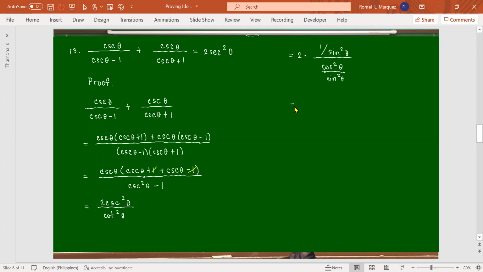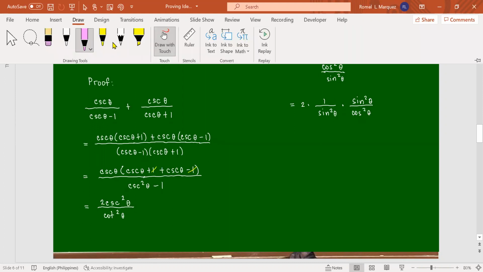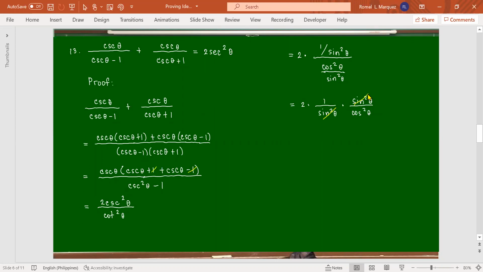So what do we do here? 2 times 1 over sine squared theta, multiplied to the reciprocal of this, sine squared theta over cosine squared theta. Now I can cancel the sine squared and sine squared here.